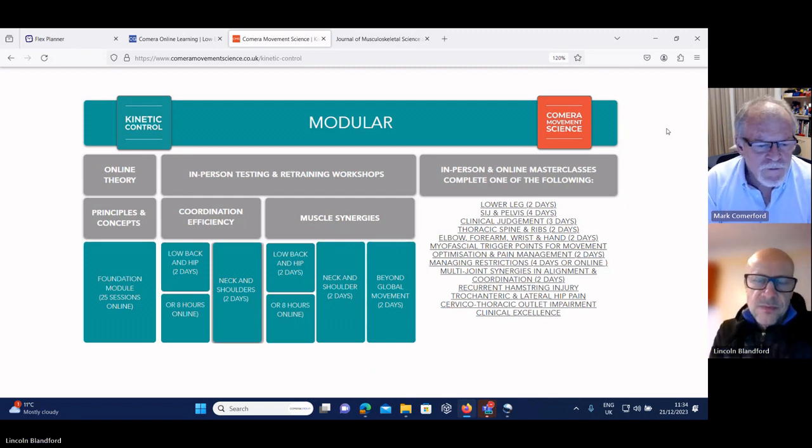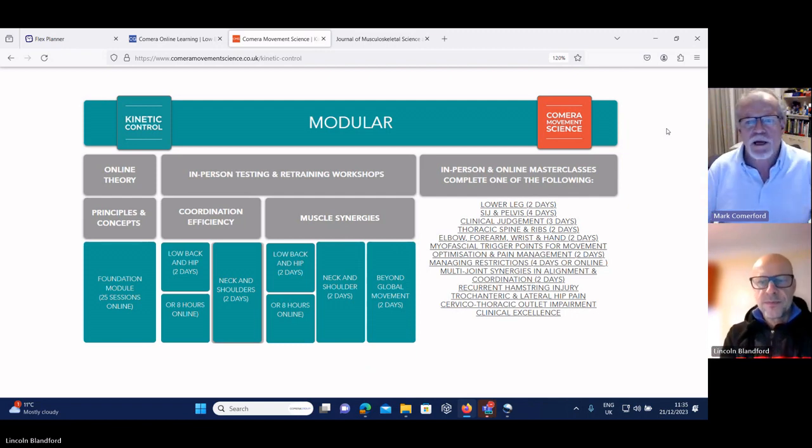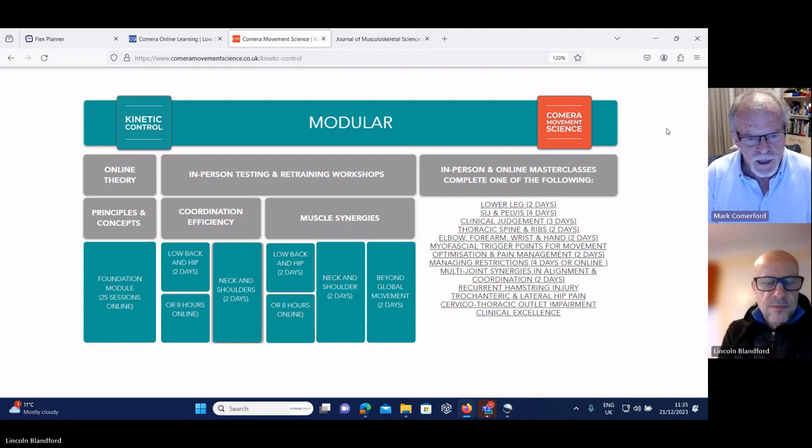Well, starting with the foundation module, it's the theoretical framework behind it to a large extent. It covers the entire spectrum of what we do in terms of movement evaluation, movement control training, and then looking at the intricacies of the muscles, all the synergies that produce movements for us as well.